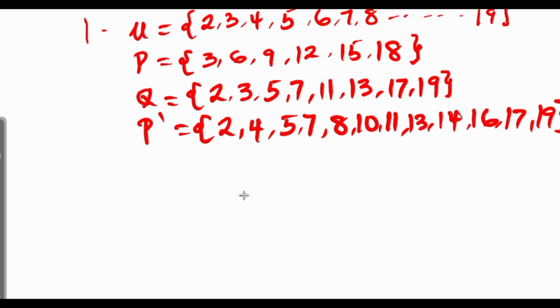All these elements are in the universal set but are not in P. So they are P prime.